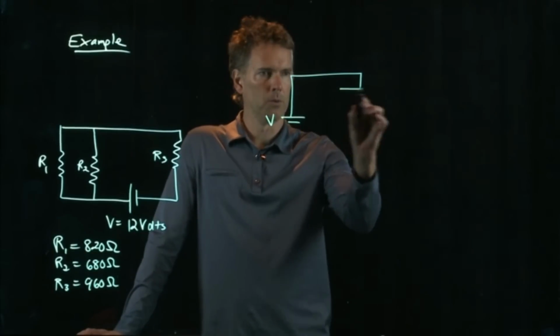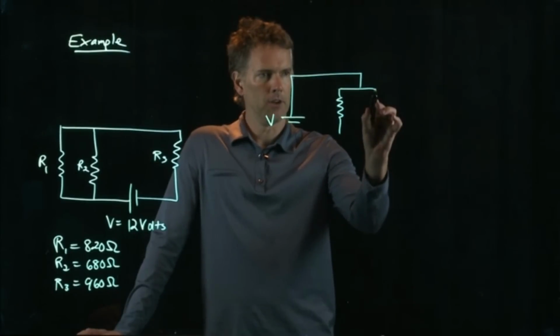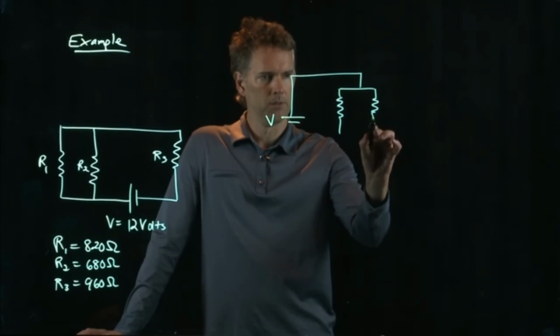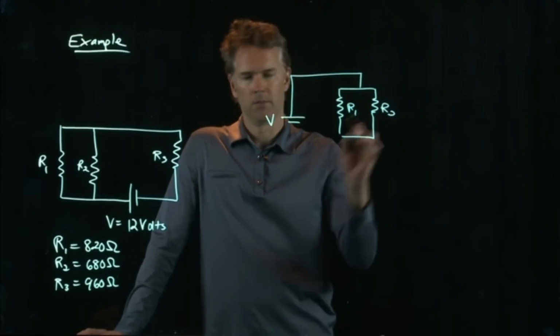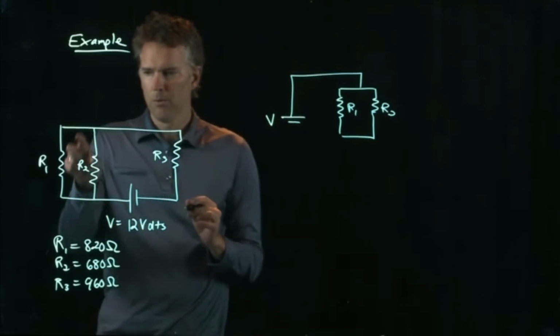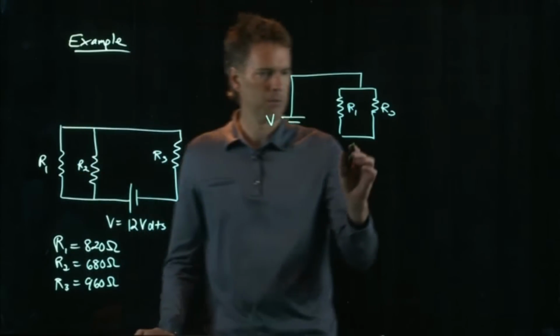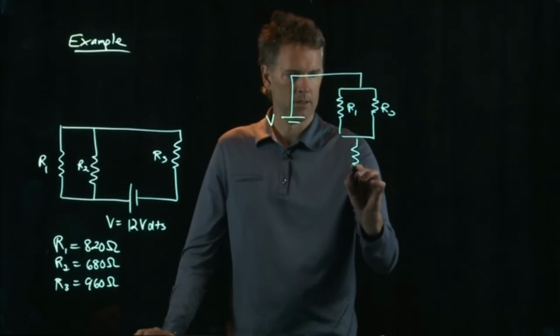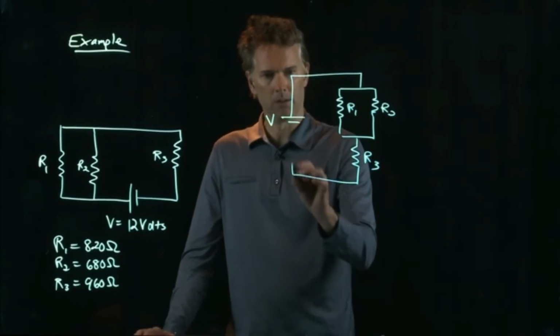It's going to go to R1, and it's also going to go to R2. Okay. After you go through those resistors, the other side is connected to R3. And then it comes back to the battery.